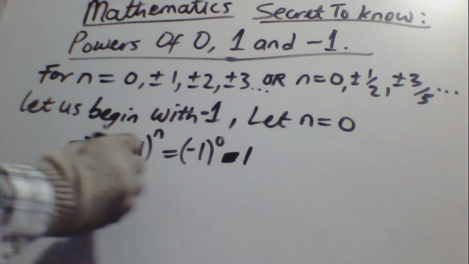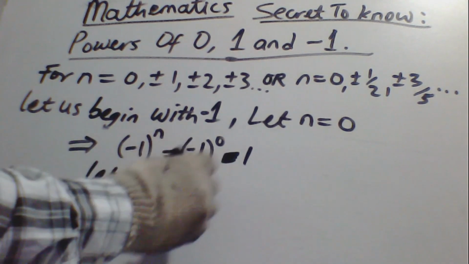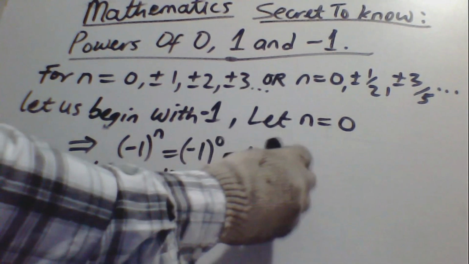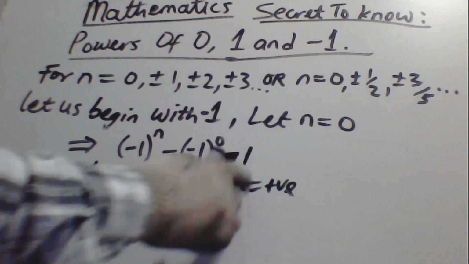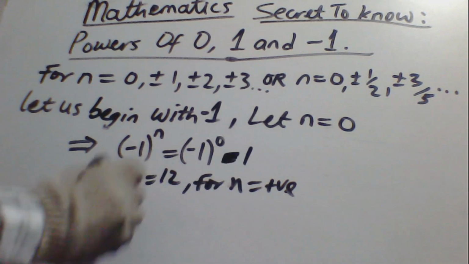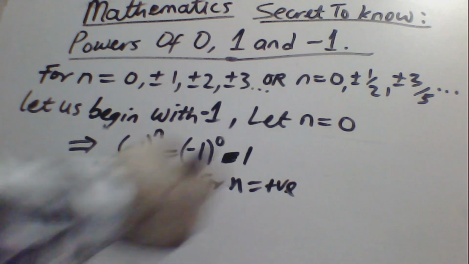So let n equal 12. This is true when n is a positive number. If we choose n to be a positive number, we have minus 1 raised to power 12. If you do this, this will give us 1.